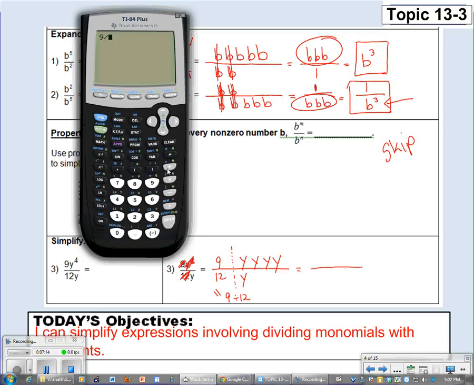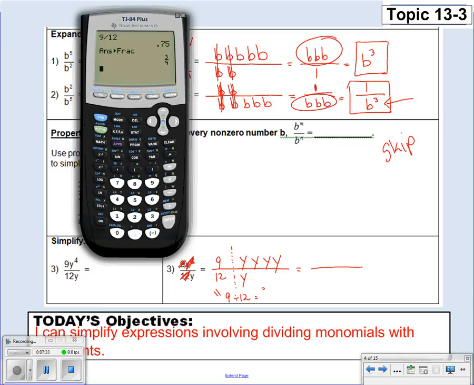We'll type 9 divided by 12. When I type that in, press enter, I get a decimal, but what I want is a fraction because I started with a fraction. So we'll hit math and then enter, enter. We're saying take that answer, turn it to a fraction. Enter and enter. And we get 3/4.